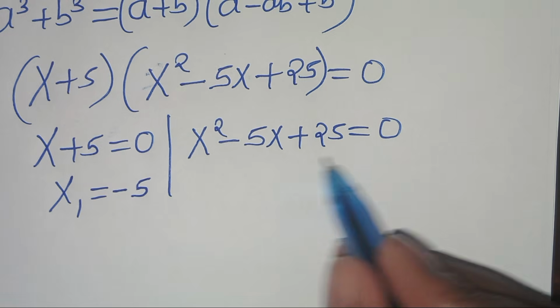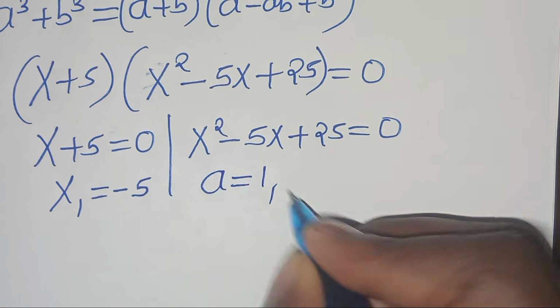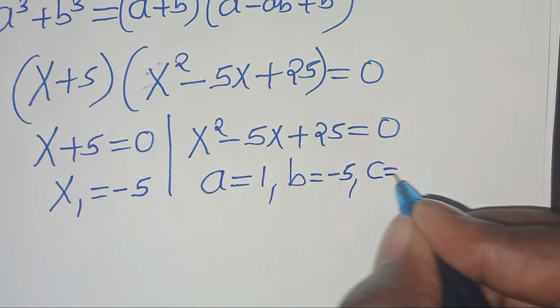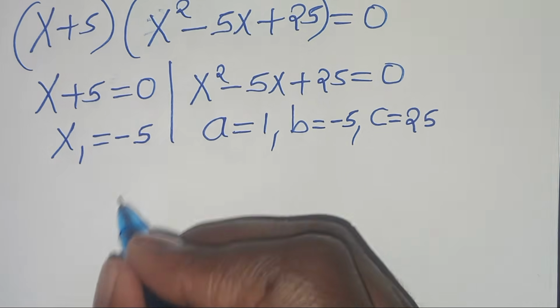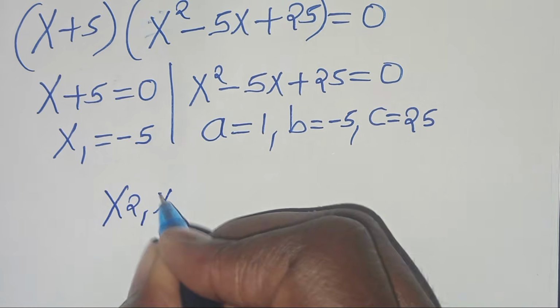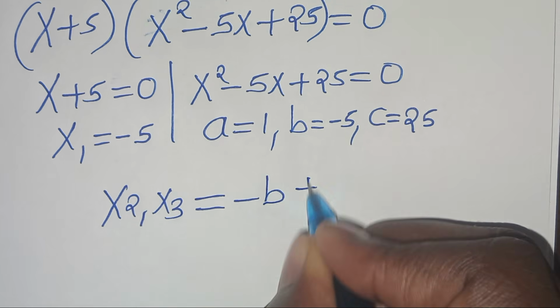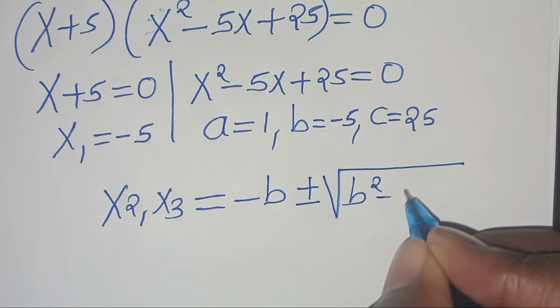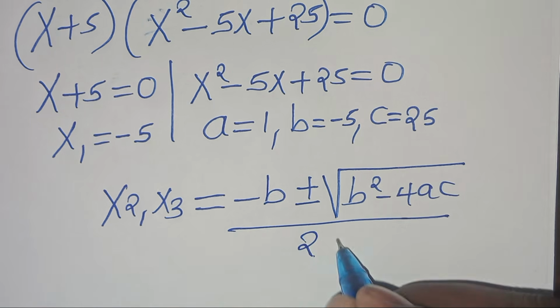The second part is a quadratic equation where a is equal to 1, b is equal to minus 5, and c is equal to 25. So we can solve for x2, x3 by applying the quadratic formula, which is minus b plus or minus the square root of b squared minus 4ac, everything divided by 2 times a.